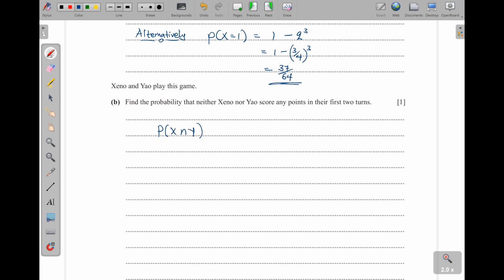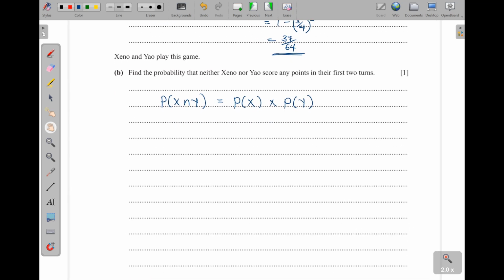So neither of them scores the points. That means we are going to have the probability of x here, then we shall multiply by the probability of y here. They are not scoring. So if they are not scoring a point, in fact, I can put maybe complement.